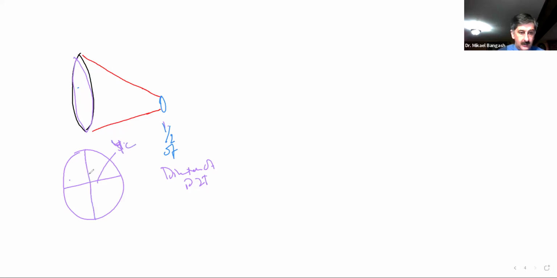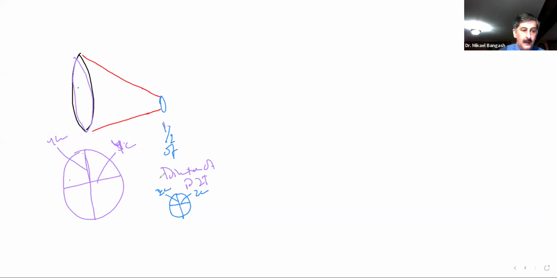Since we have a circular PCT, this is also going to be 4 centimeters. That means the beam at the focal point is going to be half the diameter of the PCT, so this diameter here would be 2 centimeters.